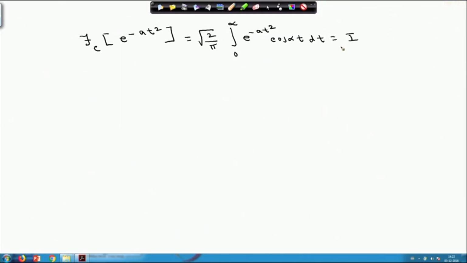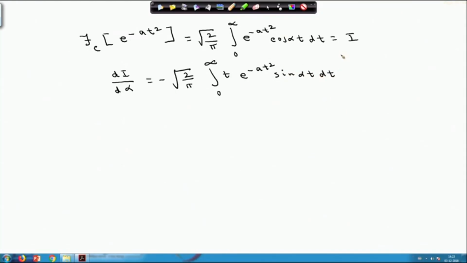Now, if I differentiate this with respect to alpha on both sides of the given equation, you will obtain dI d alpha equals minus root over 2 by pi, integral 0 to infinity. If you use differentiation under the sign of integration, you will obtain t e to the power minus a t square, because cos(alpha t) is there, and here you will obtain sin(alpha t) dt.